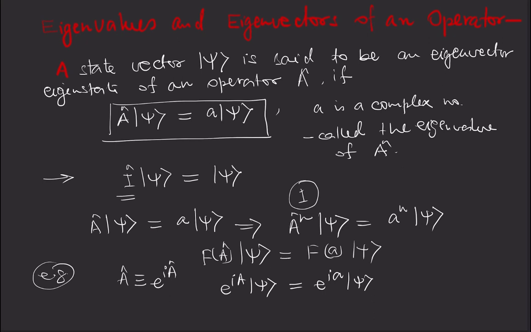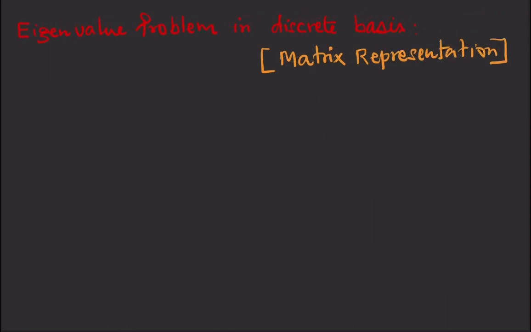So friends, we see that the eigenvalue equation of any function operator gives the eigenvalue function with eigenvector psi.